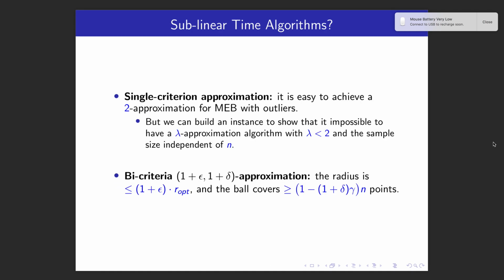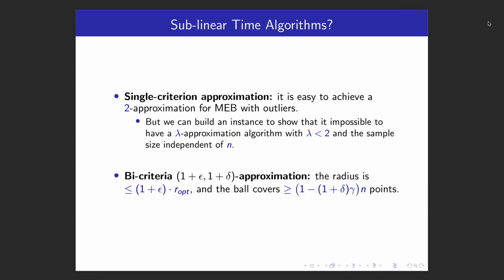First, we know that it's easy to achieve a 2-approximation for MEB with outliers, right? Because suppose you just randomly pick one point from the input, we know that with certain probability, the selected point belongs to the set of optimal inliers.